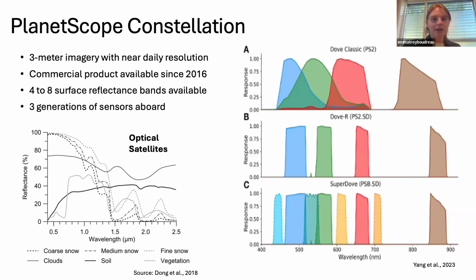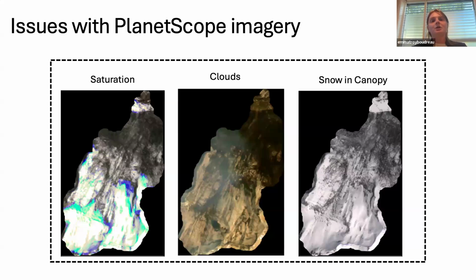And so something to consider with this imagery is PlanetScope is subject to some issues with saturation when you have bright surfaces. Sometimes it can cause the saturation and blooming, where you can see this bright green and the blue in this far left snow map.